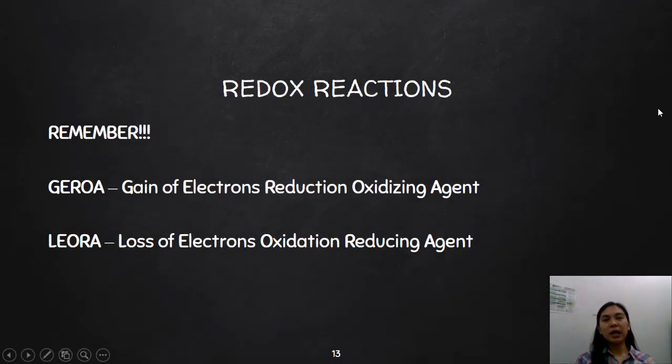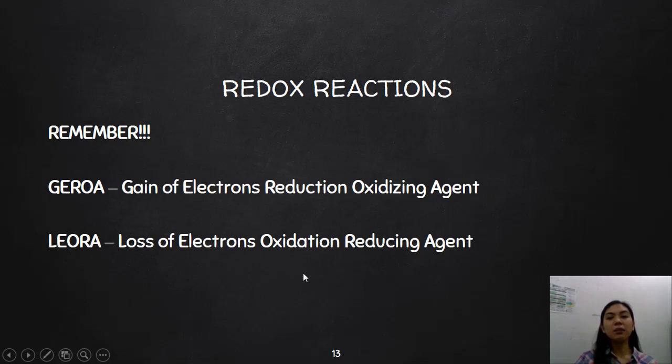We have what we call an acronym for us to easily remember your redox reactions. We have the acronym GEROA and LEORA. So GEROA means gain of electrons, reduction, oxidizing agent. And the second one is your LEORA, or loss of electrons, oxidation, reducing agent.